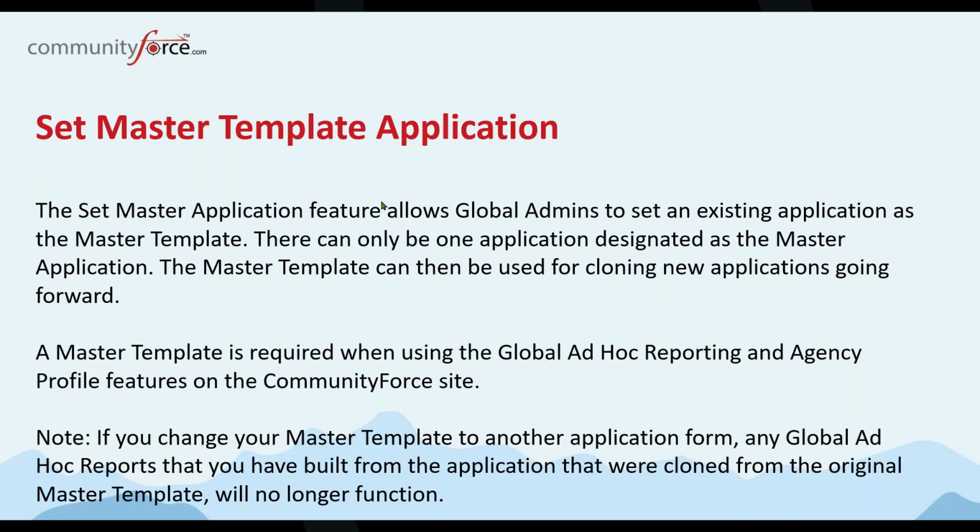It's looking at the master template to make the determination of the field. Agency profile, if you're a grant user and you're using agency profile, is built based off of the master template fields. It's looking at the master template, looking for those fields that you want to put in that profile. And if those fields aren't in the master template, it will not allow you to put them into the profile.